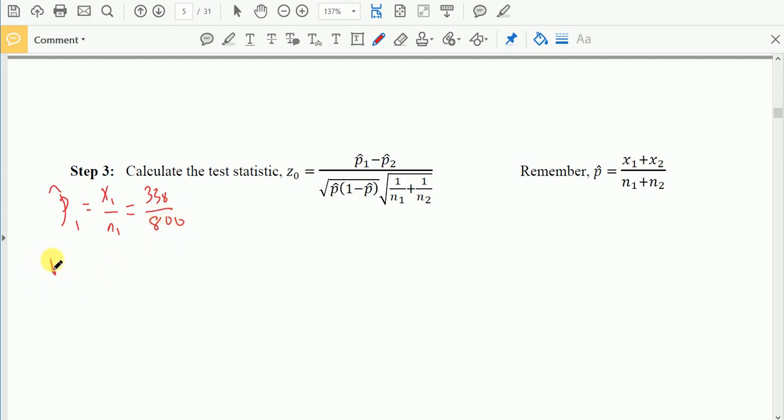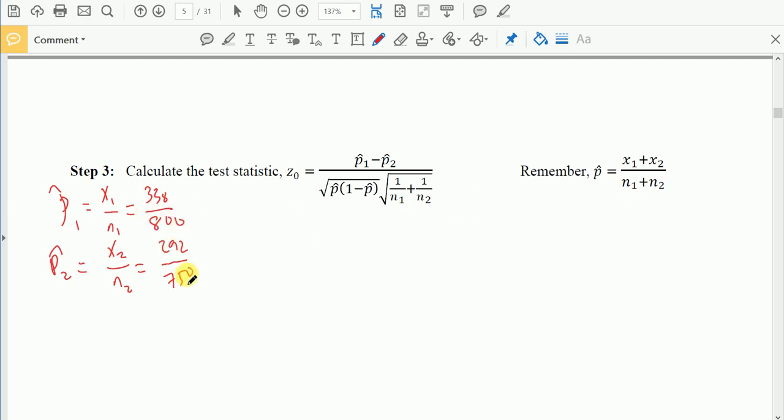The same thing for P hat 2 is x2 over N2. x2 is 292 over 750. And then remember P hat, this is the combined of 1 and 2, so I use this formula. And we already have all the info. x1 here, x2 here, and N1 and N2 are here and here.